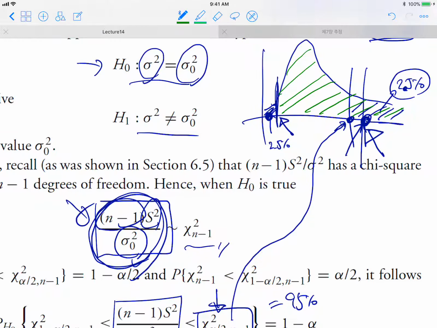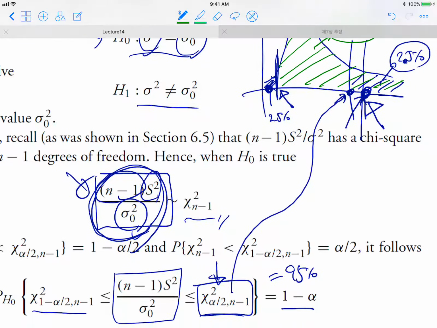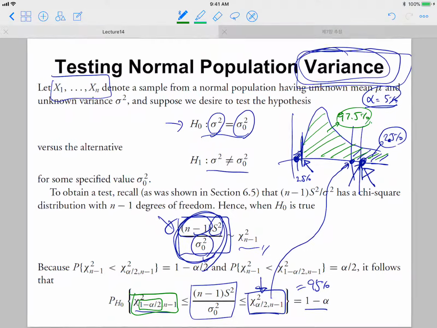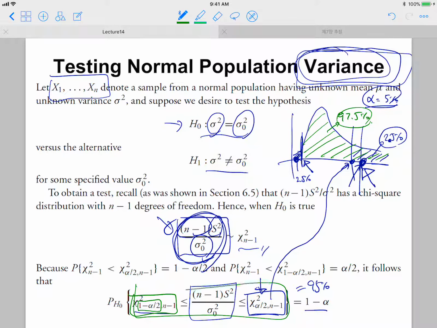We have 97.5% of the probability to its left, and thus it will be represented by 1 minus alpha over 2. So that is another threshold value. That way we can determine our acceptance region.